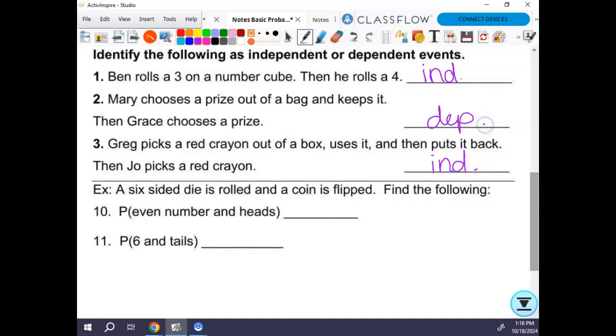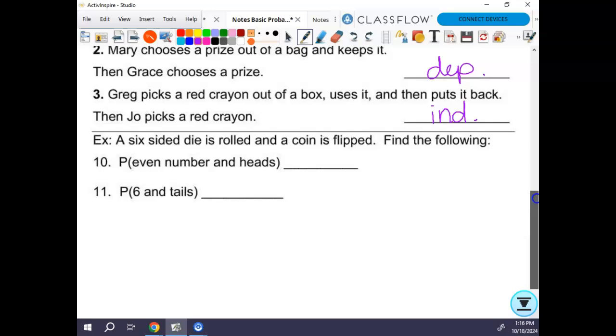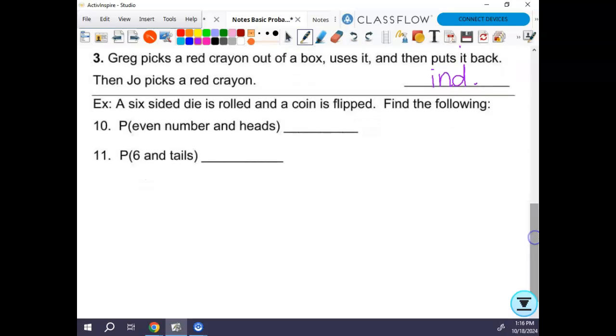All right. A 6-sided die is rolled and a coin is flipped. Find the following. The probability of rolling an even number and flipping heads. If I roll a number cube or a die, how many even numbers are there? 3, because it says 6-sided. If you don't know that there are 6 sides, you should, because it may just say a die.